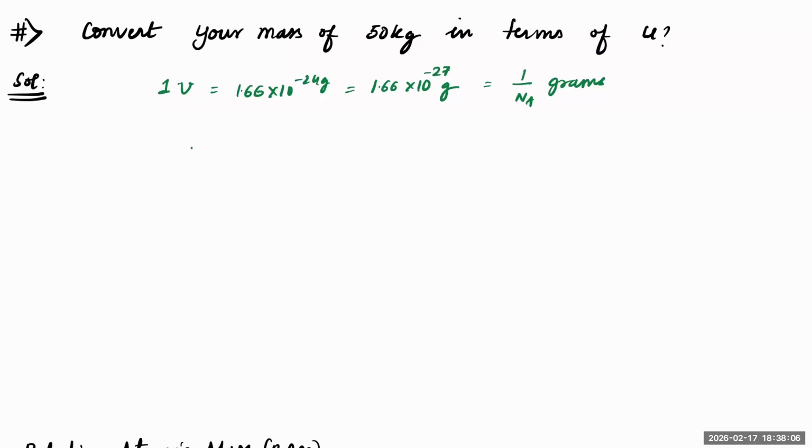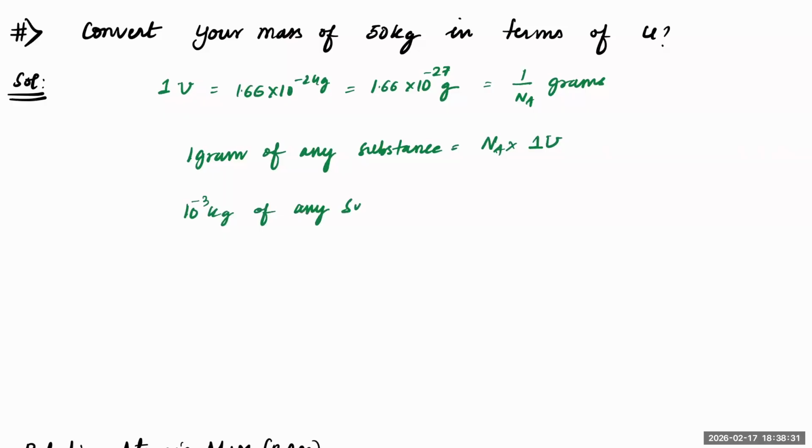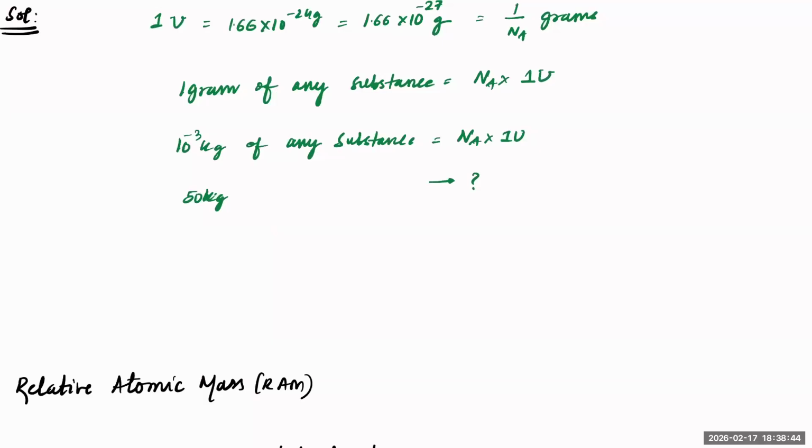So 1 gram of any substance can be defined as Na multiplied by 1 U. So if you take 1 gram, which means 10 raised to power of minus 3 kgs of substance, of any substance, that is equivalent to Na into 1 U. Then 50 kgs is equivalent to how much amount of unified mass?